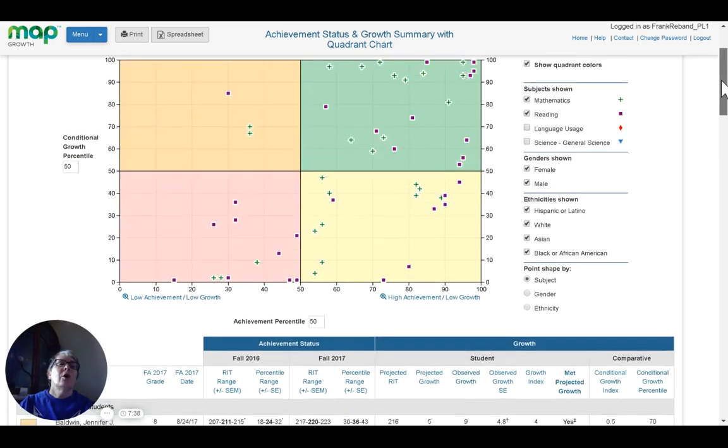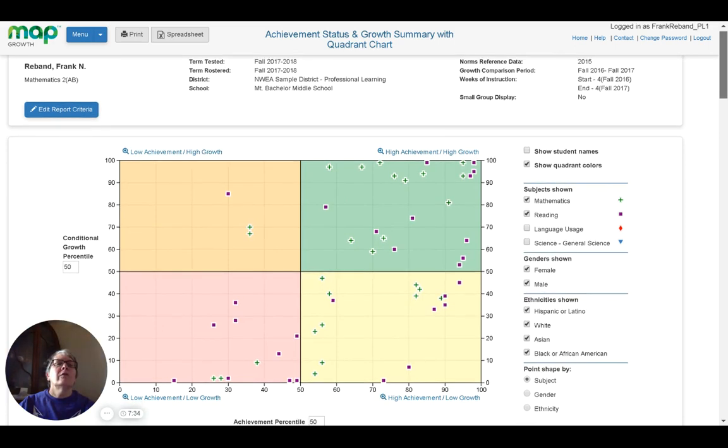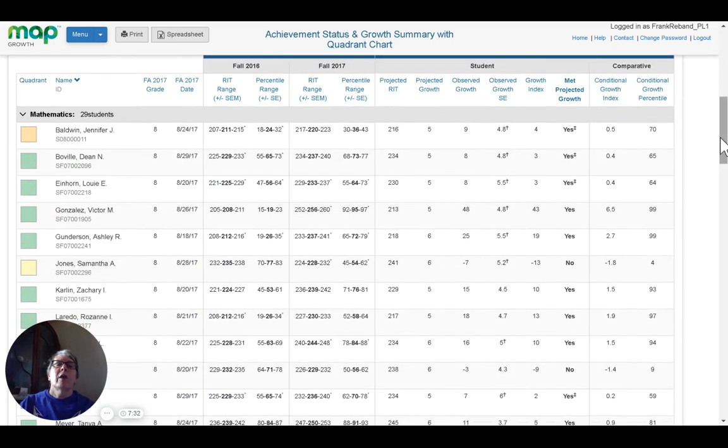And as you'll notice, we're talking about a full year of growth. It also shows the observed growth and a standard error for the observed growth. There's a growth index, which is a mathematical analysis of this growth. It tells whether they met or did not meet the projected growth.